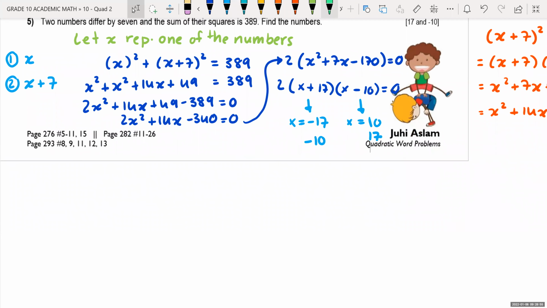So I'm going to go to the bottom over here and I'm going to do a check. And I told you guys last class, it doesn't have to be a proper check. It could just be a quick logical check. So I'm going to take my first scenario, which is 10 squared plus 17 squared. I'll use my calculator: 100 plus 289, so it's just going to equal 389.